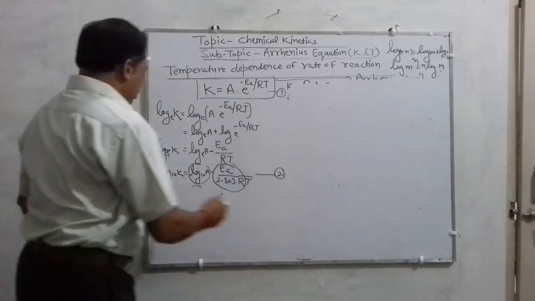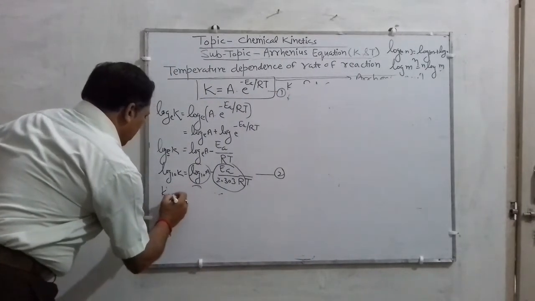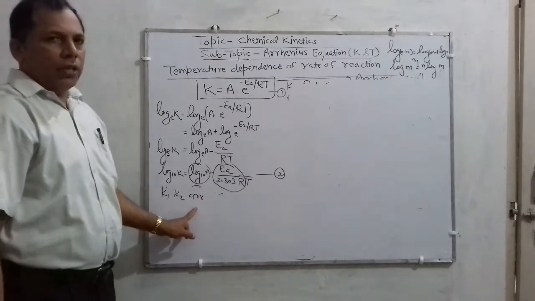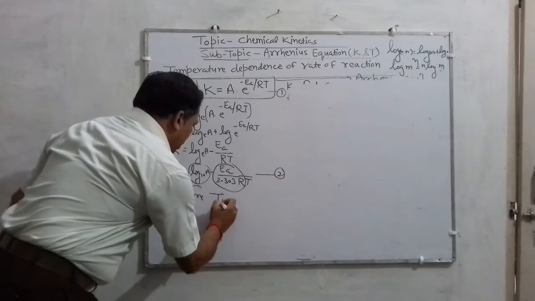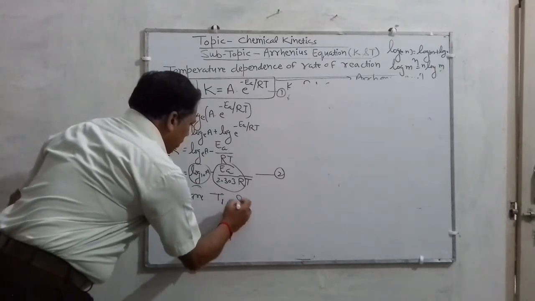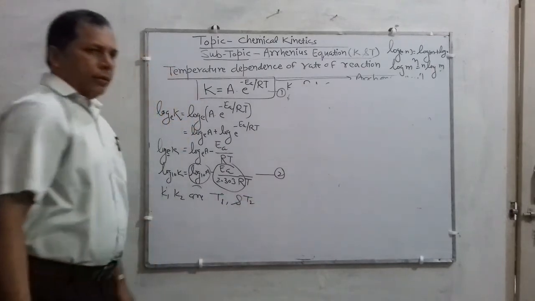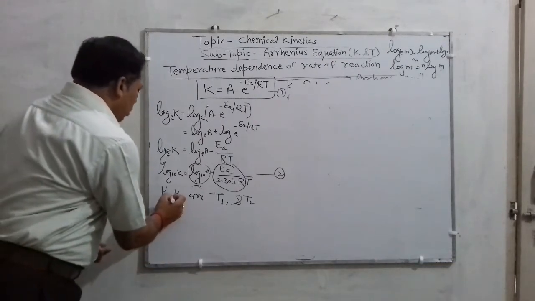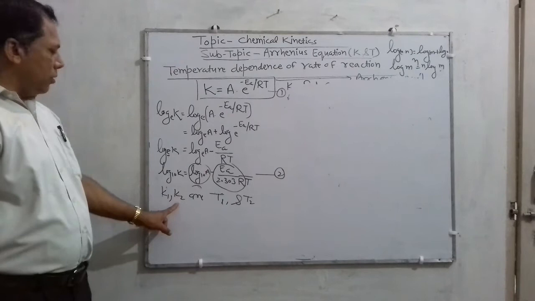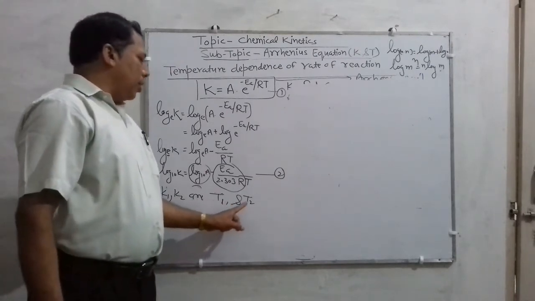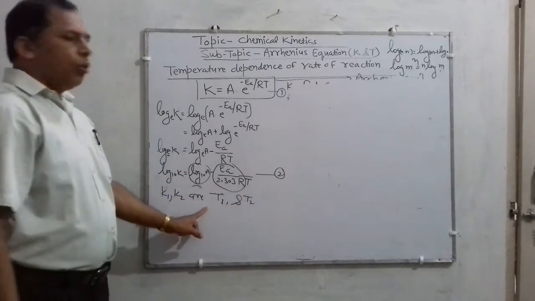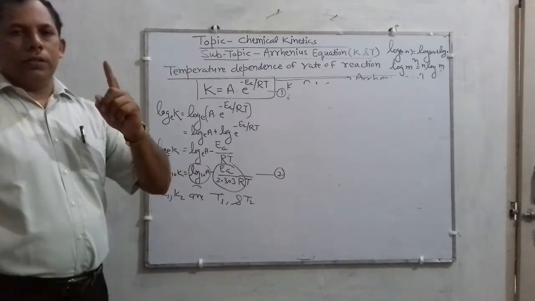Let K1 and K2 be the two rate constants at temperatures T1 and T2. Listen, here K1 and K2 are the rate constants at temperatures T1 and T2, then this equation number 2 can be given like this.